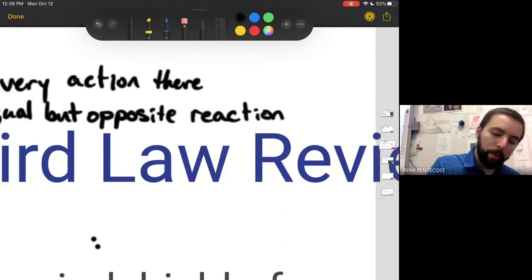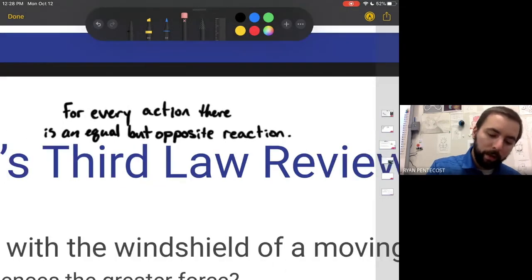And that might be kind of confusing, right? So if we have this idea that it is equal but also opposite, what does that really mean?